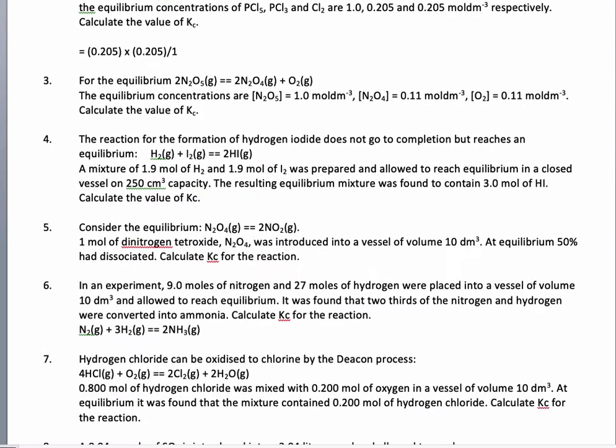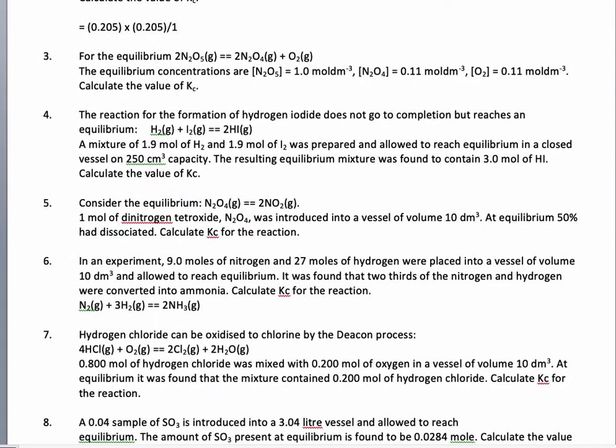Let's have a look now at question 4. So the reaction for the formation, blah, blah, blah. So here's my equilibrium. A mixture of 1.9 moles of H2 and 1.9 moles of I2 was prepared and allowed to reach equilibrium. The resulting equilibrium mixture was found to contain 3 moles of HI.